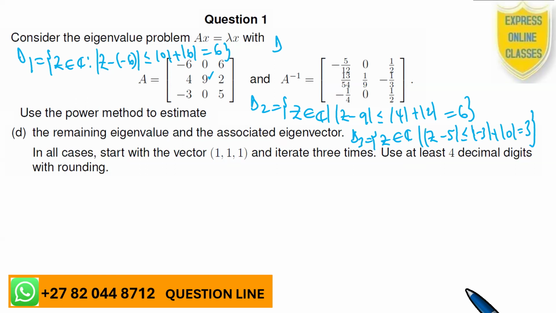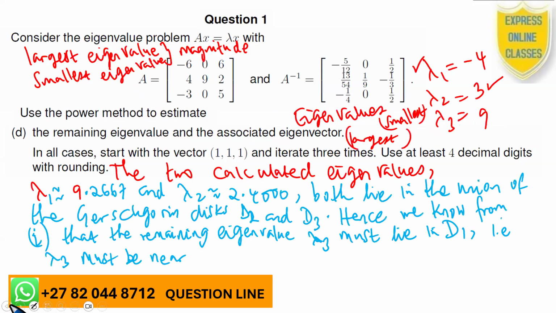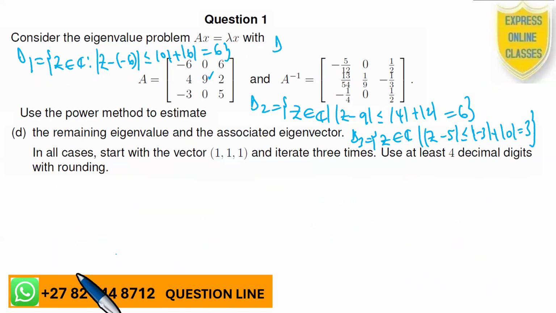So now we are saying that, from Roman figure 1, the remaining eigenvalue lambda 3 must be in D1. I still want to go back to this a little bit. We did this last time, but I want to speak about the disks so that you can make sense of this very well.